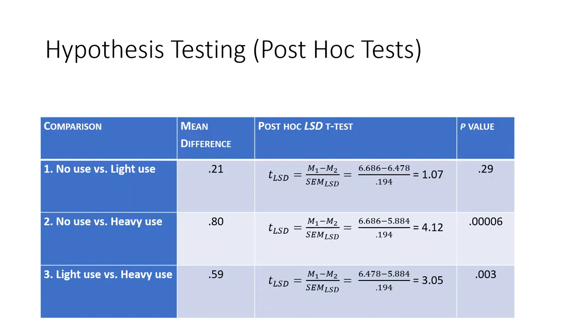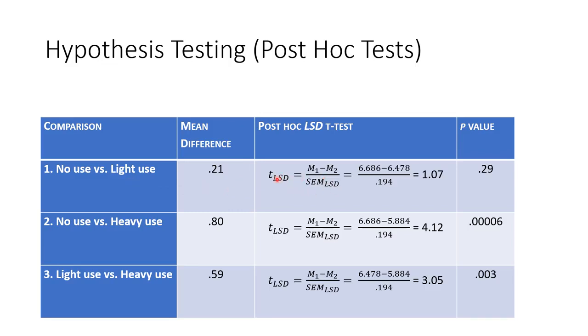Now, because in this case we just have 3 groups, we just have 3 comparisons, we can get by with using Fisher's LSD. So for the first comparison, we're going to find the mean difference between those who use no social media for a week versus those who use light. They differed by 0.2 of an hour in sleep per night.